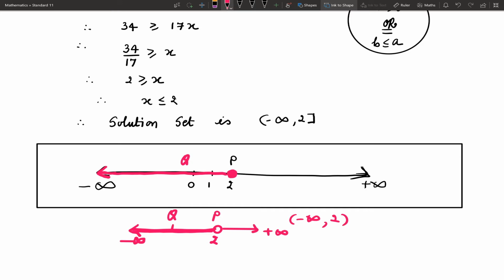So this open interval minus infinity to 2 we have denoted on the real line. If you want to include 2, you have to draw a dark circle at 2. To omit 2 you have to draw a hollow circle at 2. So note this change when you denote the solution on a real line.